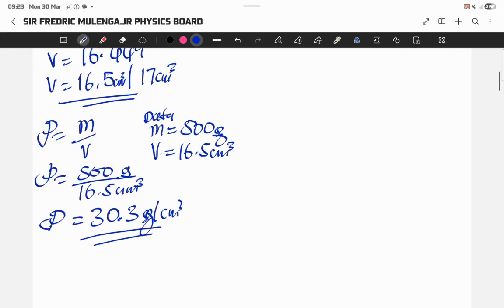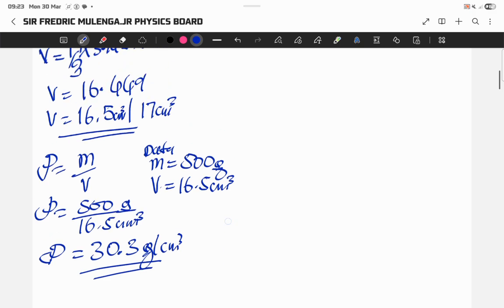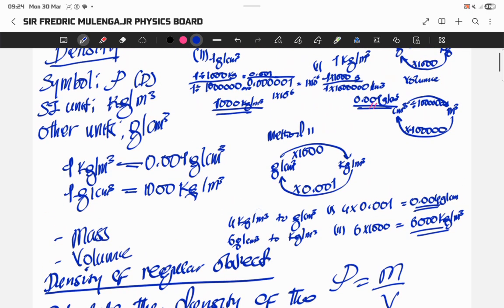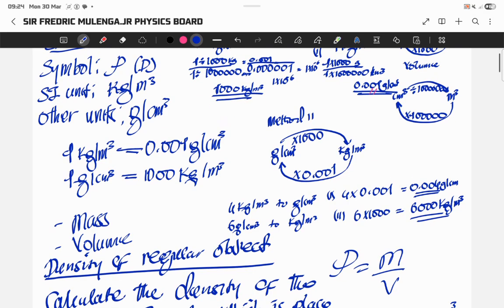Every time you are moving from grams per centimeter cubed, you always multiply the given value by 1000.